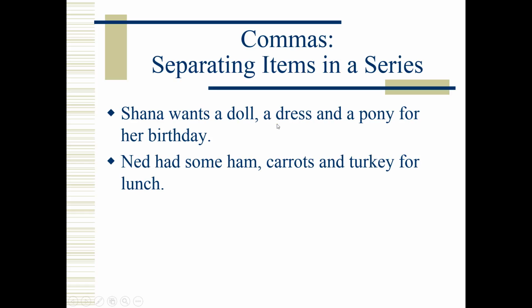But you don't, strictly speaking, need to put a comma before that conjunction and, or if you're limiting the list through the use of a word like or, you don't actually need the comma there.